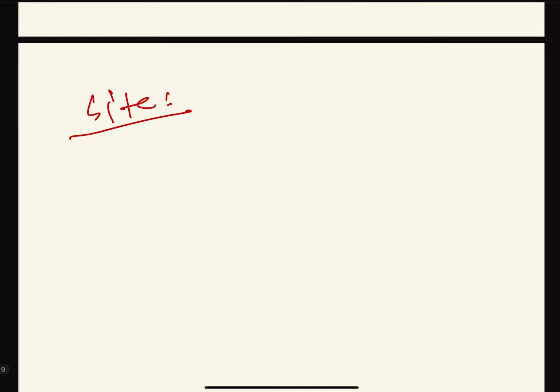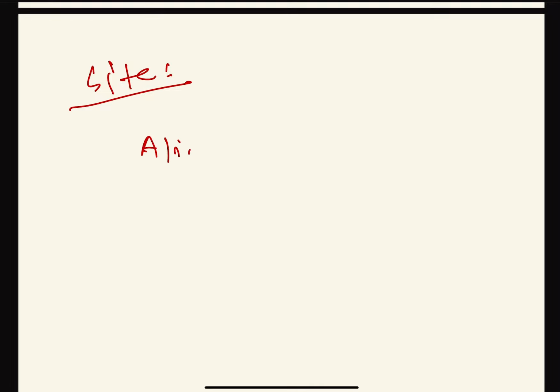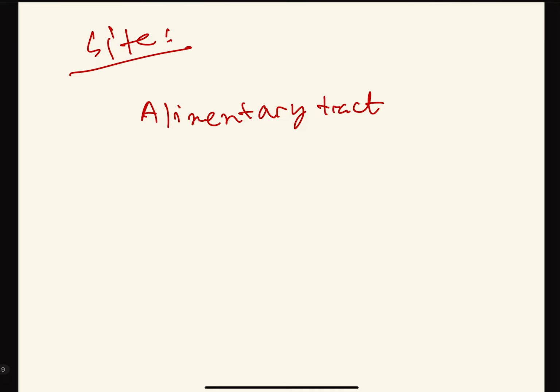What are the sites of absorption of drug? Or you can say, what are the sites where we administer the drug, like the alimentary tract by taking the drug orally.